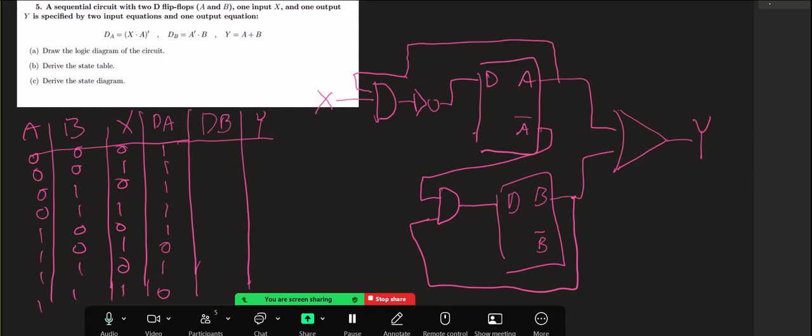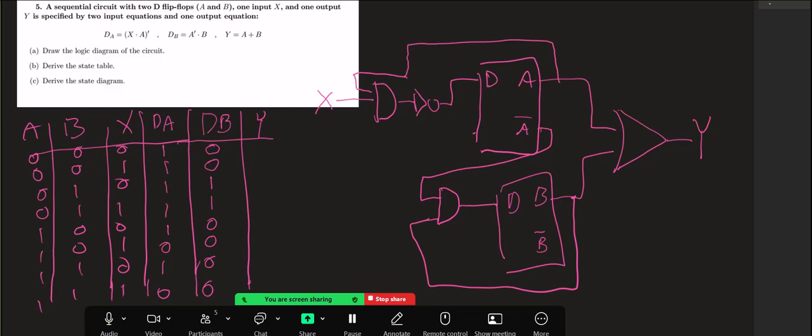And DB is the not of A ANDed with B. So that's going to be 0, 0, 1, 1, and the rest will be zeros. And Y is the OR of A and B. So this DA and DB, that's where we're going to get the next state from.